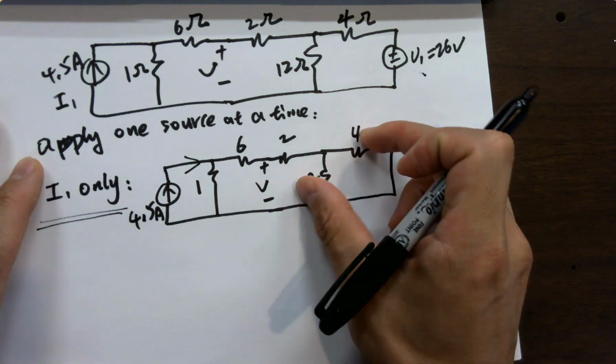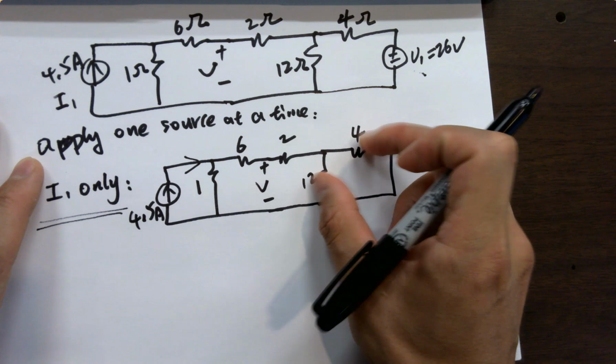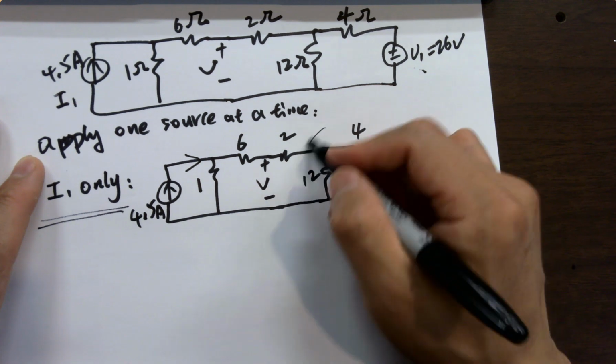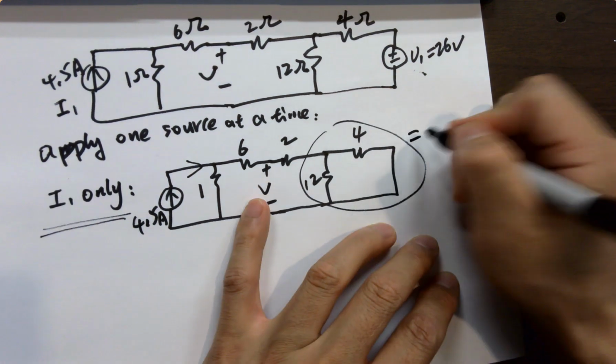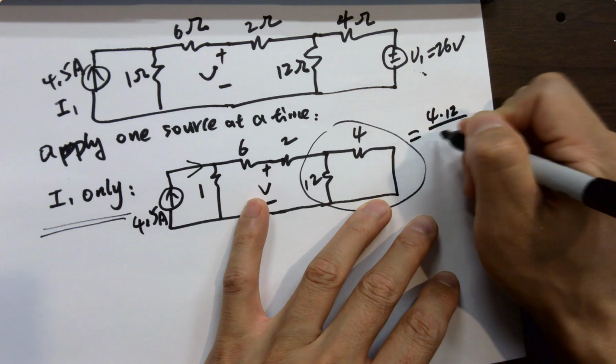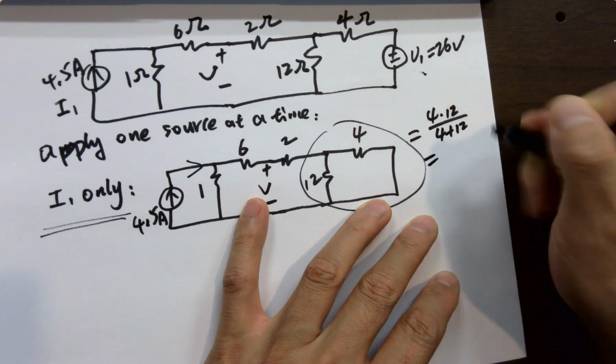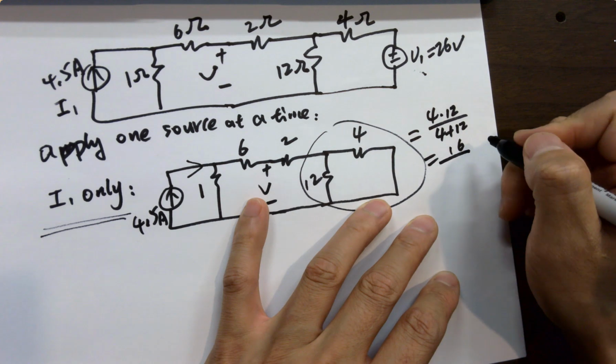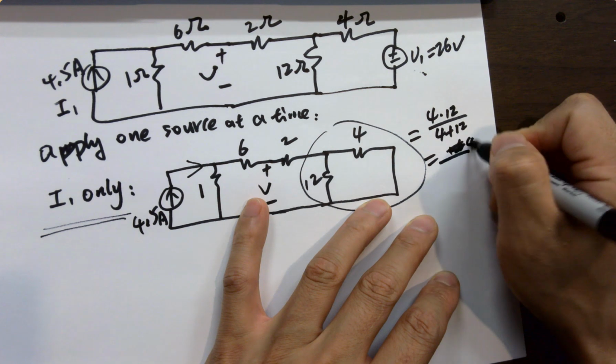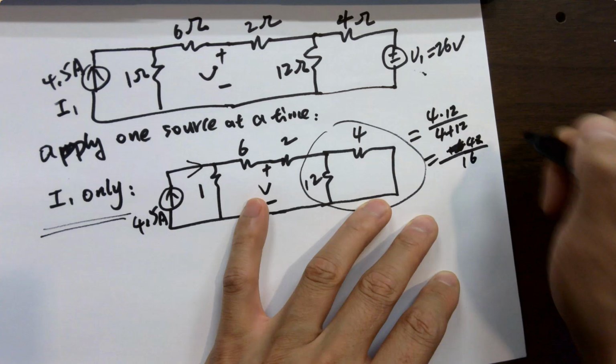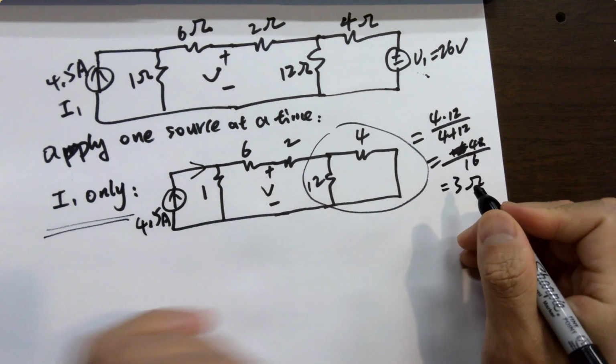So combine these two, it's a parallel resistor. These two resistors give you 4 times 12 over 4 plus 12, which is 48 over 16, which is 3 ohms, right? 3 ohms.